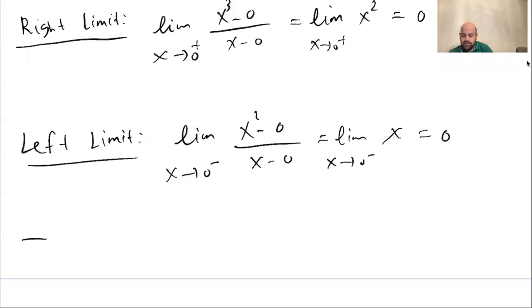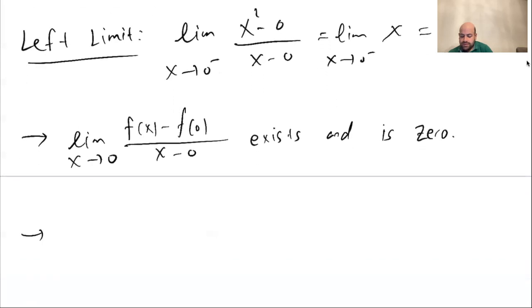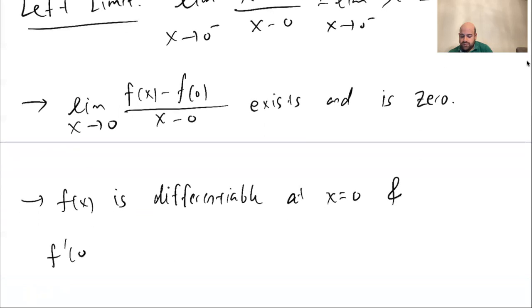So that means the whole limit is 0. So the limit of f of x minus f of 0 over x minus 0, as x approaches 0, exists and is 0. So that means f of x is differentiable at x equals 0 and f prime of 0 is equal to 0.